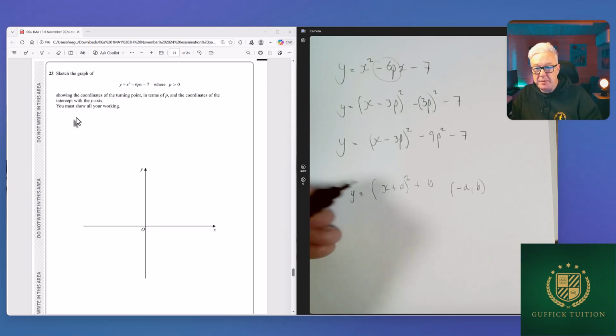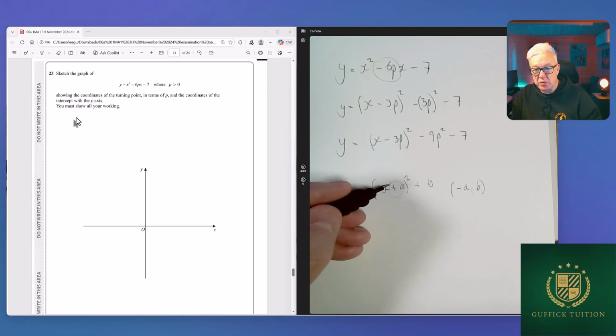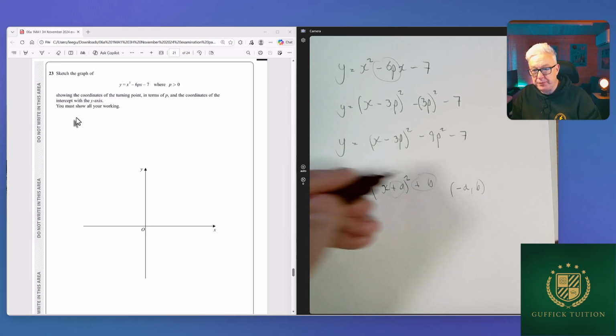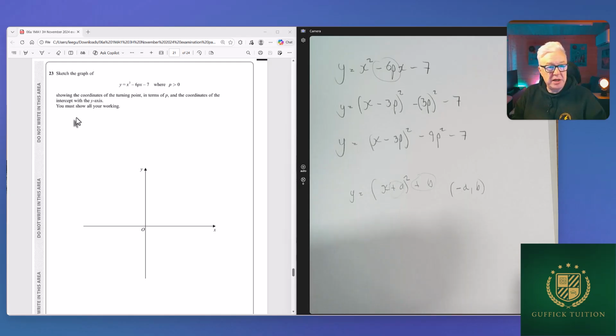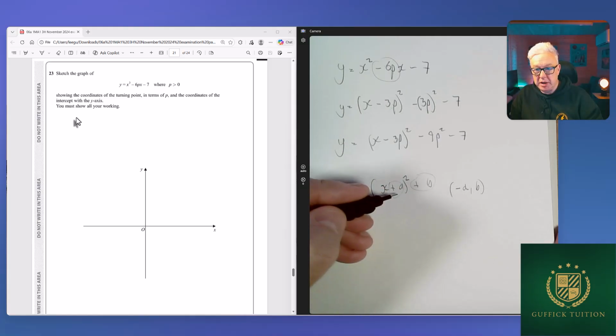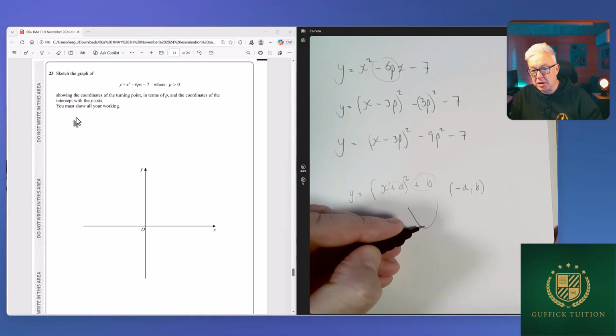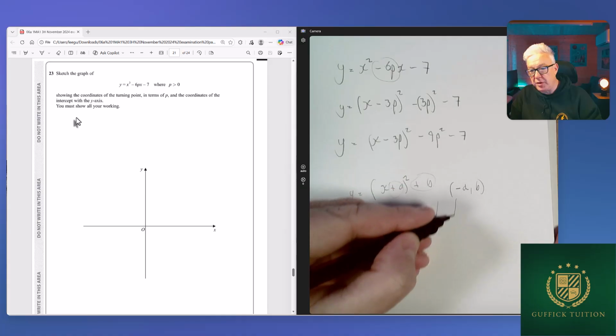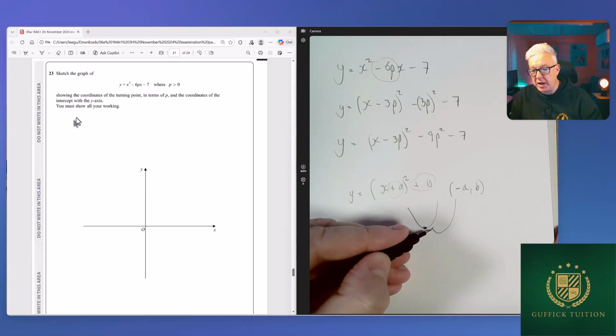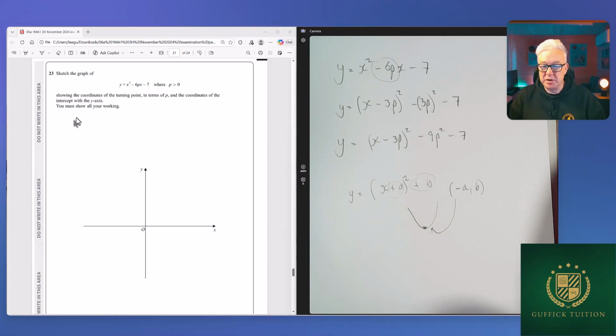So the key thing to remember is you change the sign of this one, but you keep this one the same, okay? And they're using the language turning point, which again, not everybody is always familiar with at GCSE, but what turning point means is the coordinate of the maximum or minimum of the curve, sometimes referred to as the vertex.